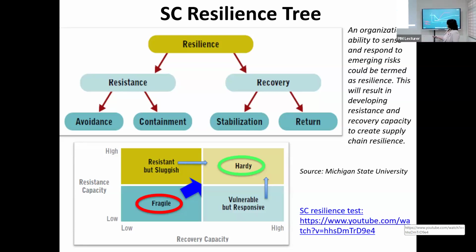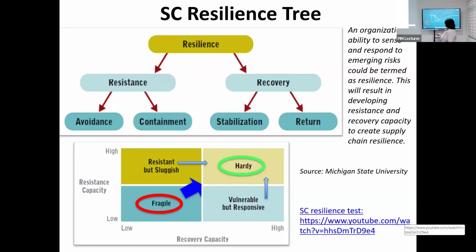If your resistance capacity is high and recovery capacity is low, meaning if something happens, you resist. But when it comes through your defenses, you hit rock bottom. So you might resist, but you might hit rock bottom and it takes a long time for you to recover.